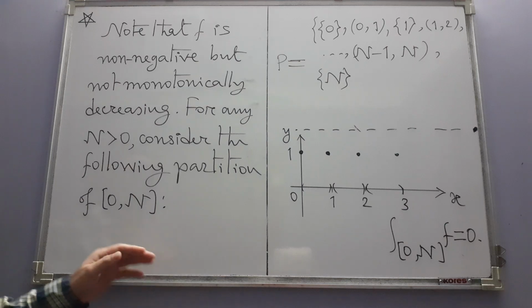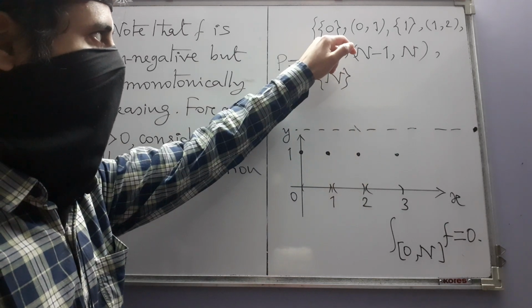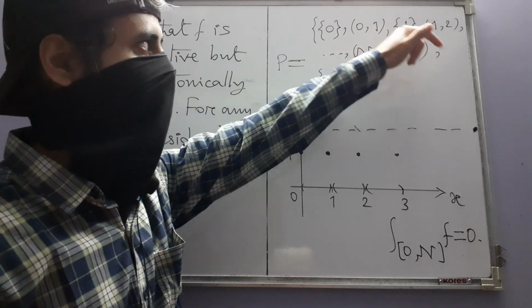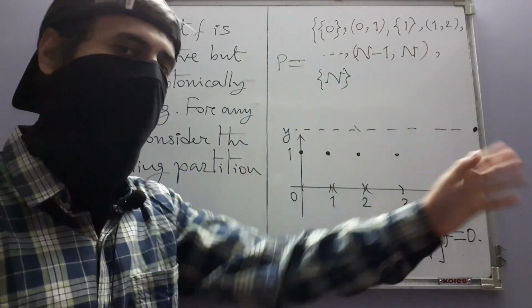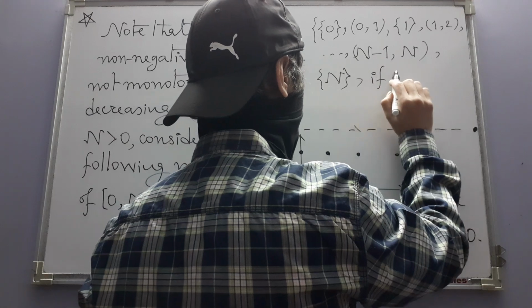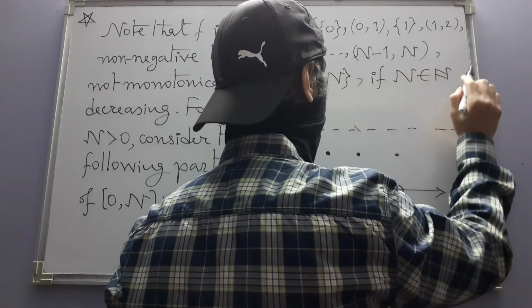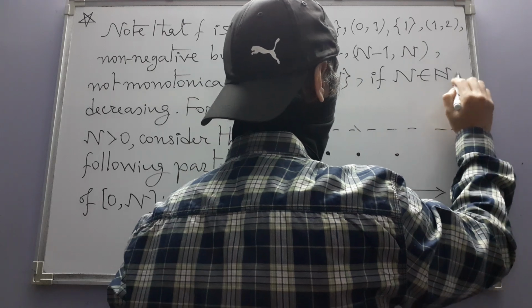It's like if you have n equal to 3, then you will have like this 0, 0, 1, 1, 1, 2, 2, 2, 3, and then 3. If n is a natural number.